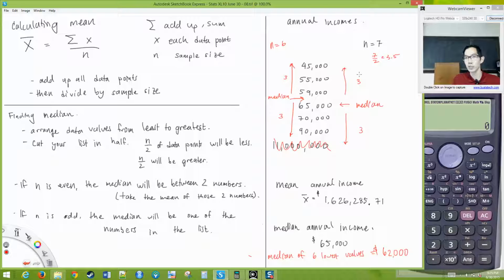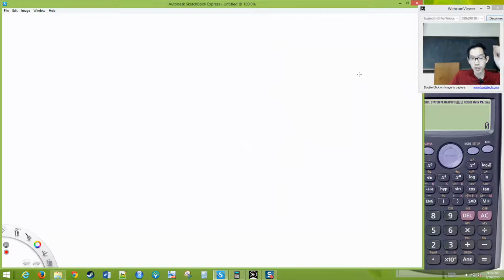When we take a bunch of numbers, we can boil it down to a single number that gives us an idea of what the central values of this data set are. Any questions?